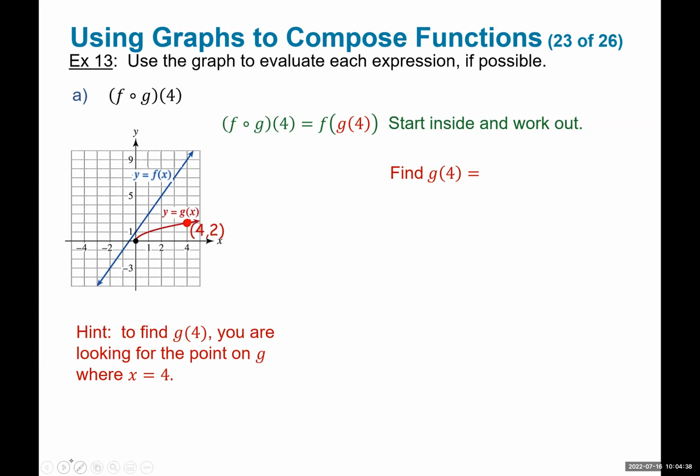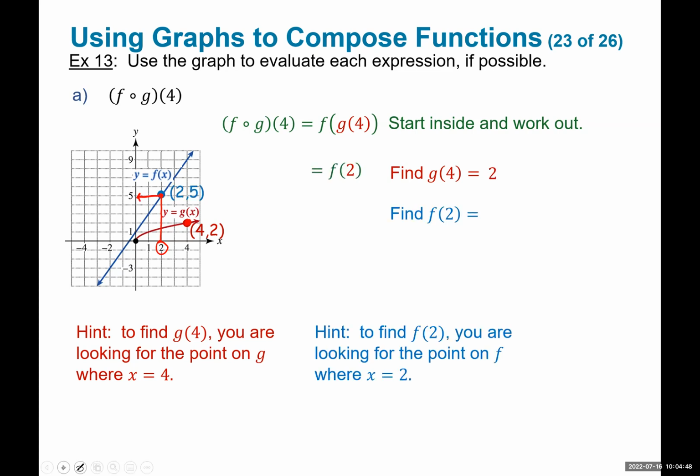Then we say plug 2 into f. So we go on 2 and we say, where is f? It's at 5. Okay. So remember that the output of one is the input of the other. So we started with 4. We said, what's g? It's 2. Take that 2 and find f, and that's how we get the 5.